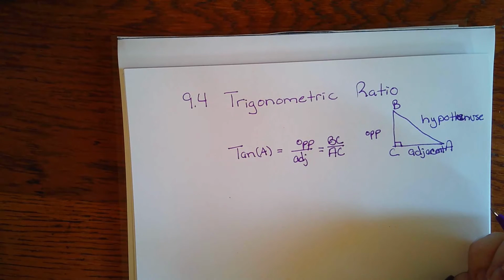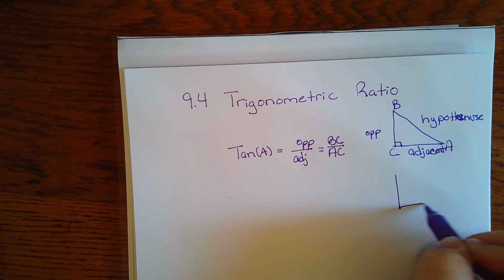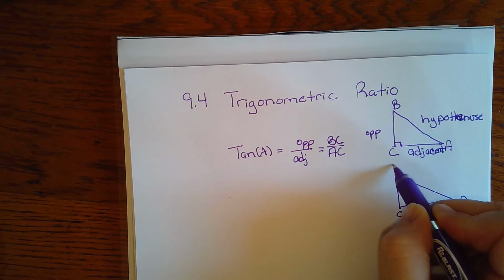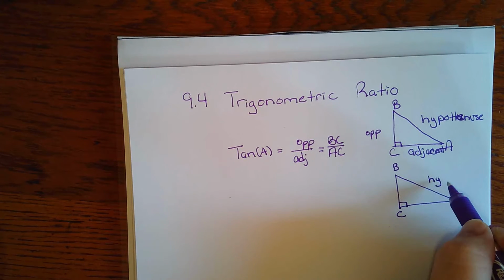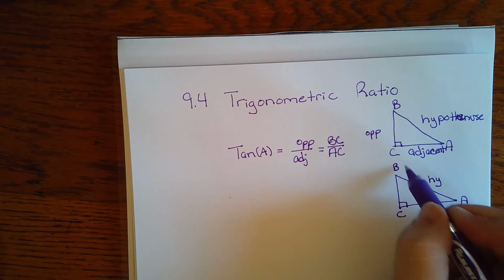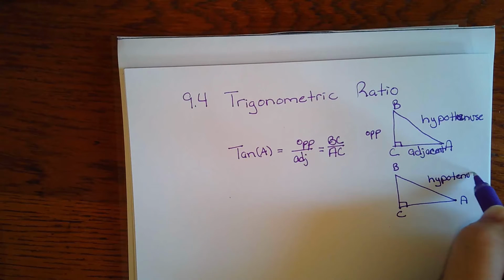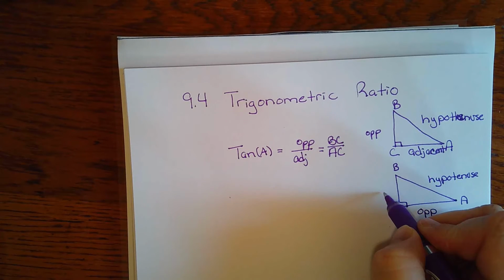The second thing we need to look at is, what if I'm asking you for the lengths for B? So let's say that I'm focusing on that, because this is dealing with acute angles. So you still have A, C, and B. But this time, instead of focusing on the part here, we're going to be looking at this one up here instead of A. So the hypotenuse, this will become my opposite now, and this over here will become my adjacent.